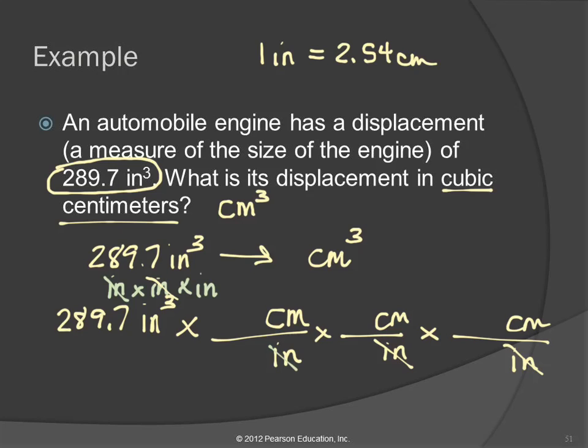This will cancel the third one. I'm showing you the long way, and then I'll show you the short way. We got all those inches to cancel. What's the unit we're going to end up with? Centimeters cubed. We have centimeters times centimeters times centimeters.